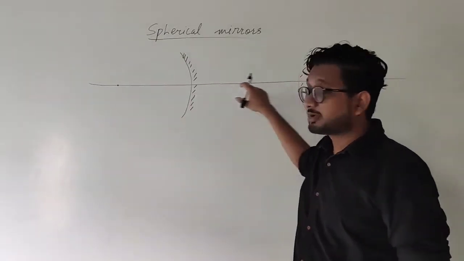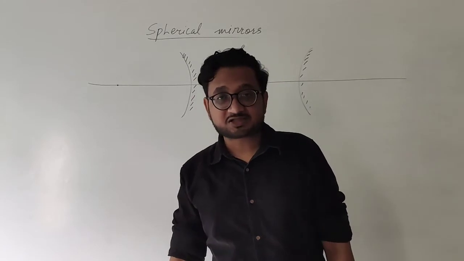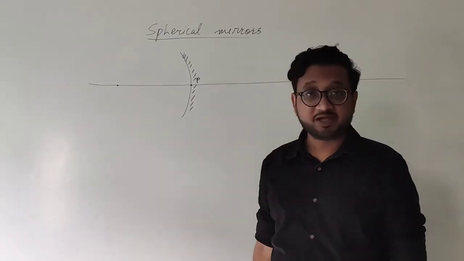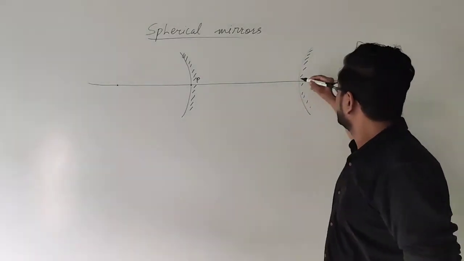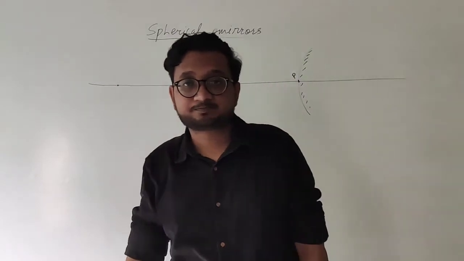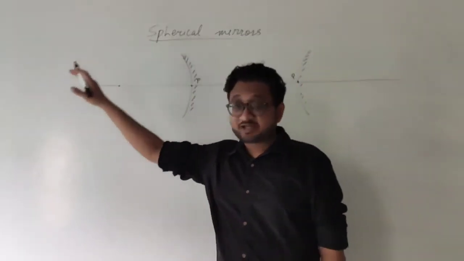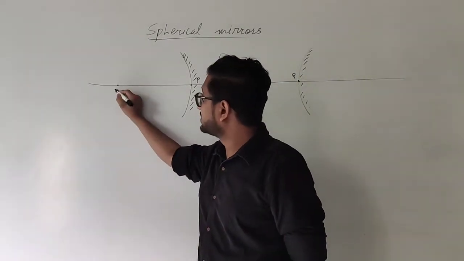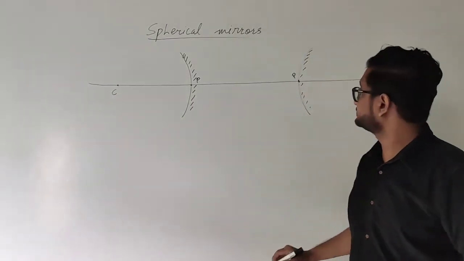We have the principal axis which passes through the center of the spherical mirrors at point P, which is the pole. Over here as well, point P, which is the pole. Since these spherical mirrors are part of a sphere, that sphere has a center which is called the center of curvature.